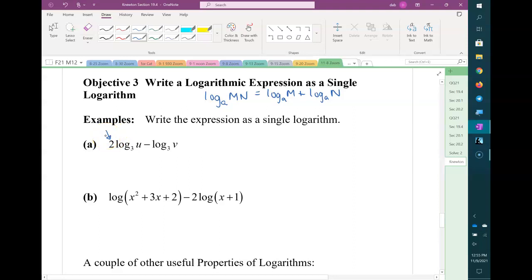We need to use the power property backwards and put the 2 back up on the u as an exponent. So I'll have the log base 3 of u squared minus the log base 3 of u. And now I can use the quotient property to say if I have a difference of 2 logarithms, I can rewrite that as a log of a quotient.